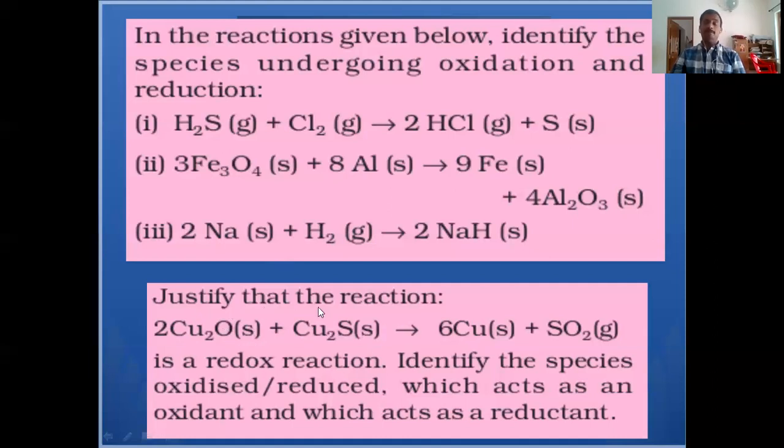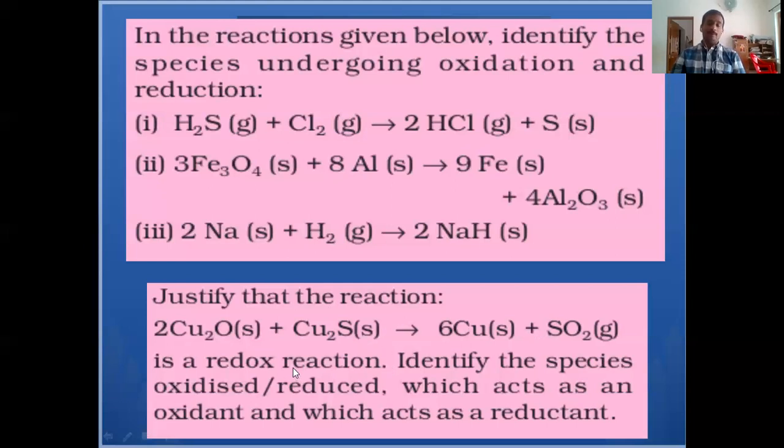Here copper in +1 and sulfur in -2. Here copper in 0 oxidation state, +1 to 0. Copper is reduced. And sulfur goes from -2 to +4, so sulfur is oxidized. You have the proof.